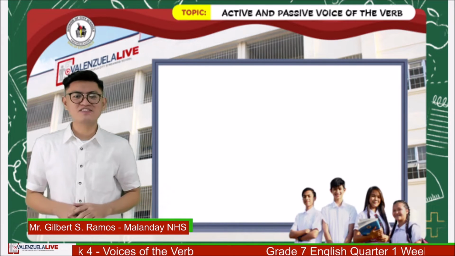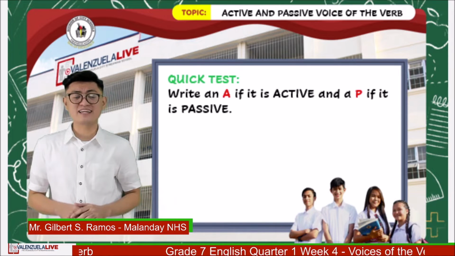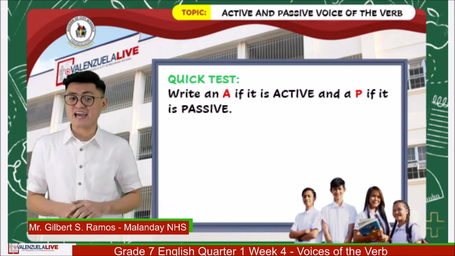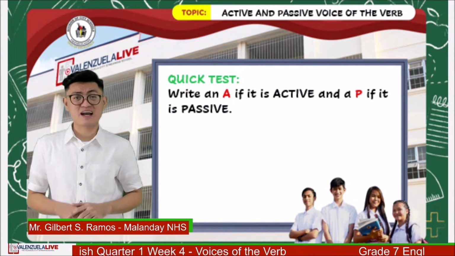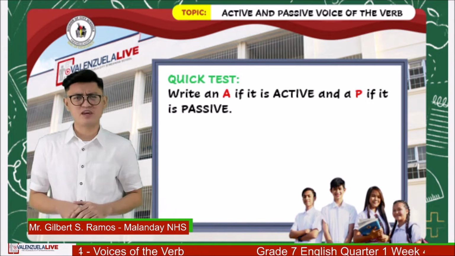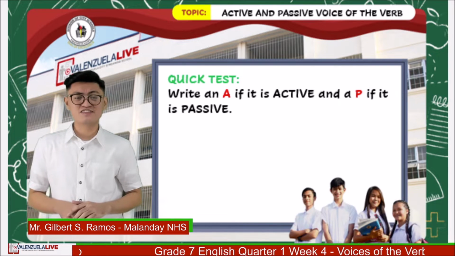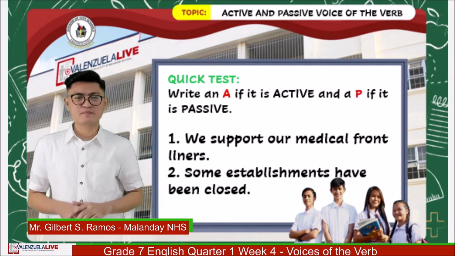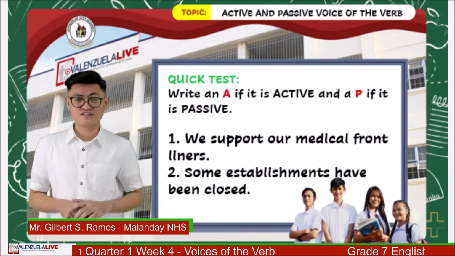Let us now test your understanding. I want you to write an A if it is active and a B if it is passive. You can write your answer on any piece of paper that you have there at home. Sentence 1. We support our medical frontliners. Sentence 2.